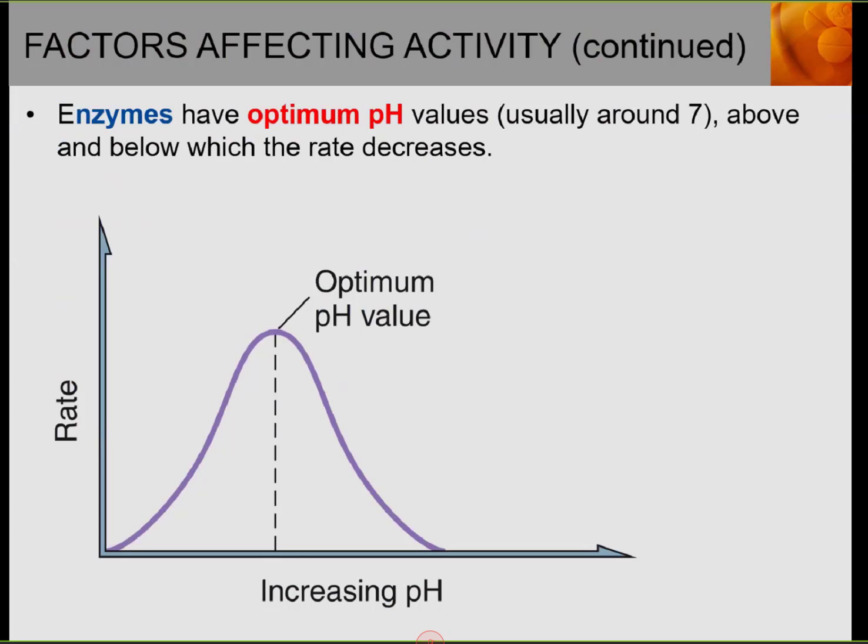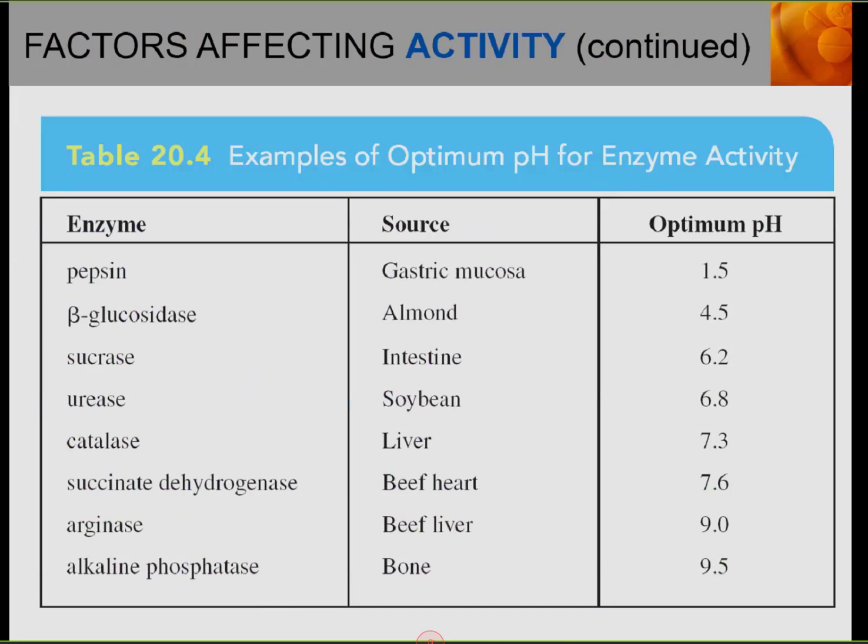And there are some enzymes that work best on the base side of pH 7. You're seeing that here in this chart. In the stomach the pH is very, very low, very acidic, but in other areas, like the intestine, the pH is greater.